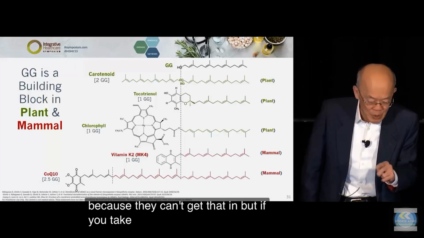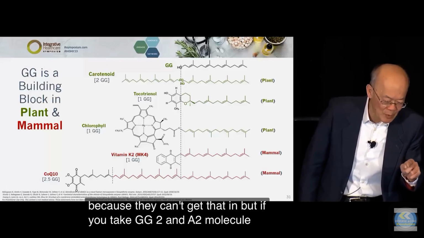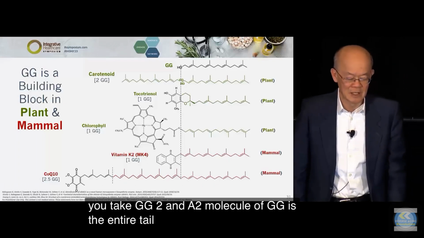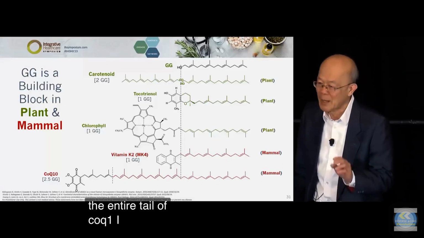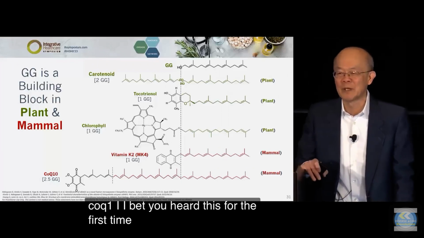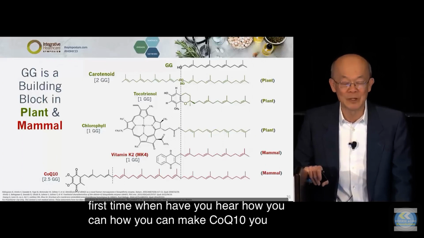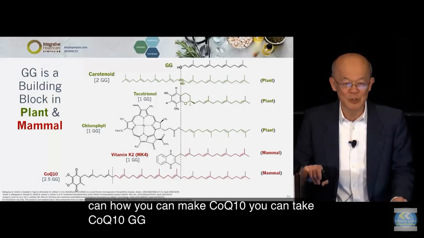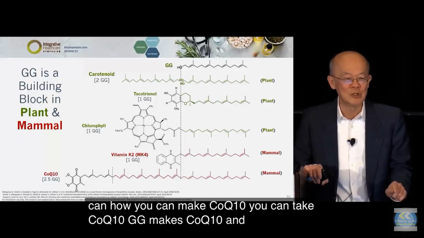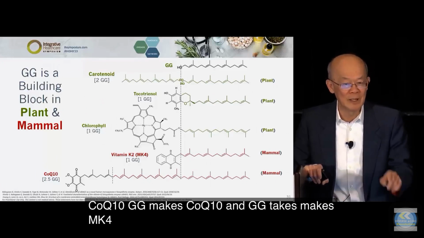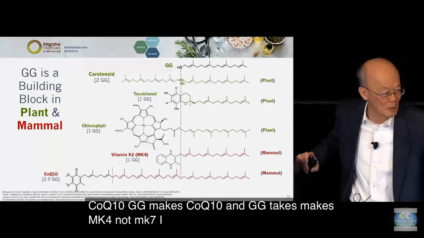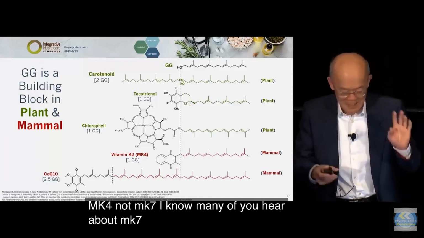But if you take GG, 2.5 molecules of GG is the entire tail of CoQ10. I bet you heard this for the first time. When have you heard how you can make CoQ10? GG makes CoQ10, and GG makes MK4. Not MK7. I know many of you hear about MK7, but I'll come to that.